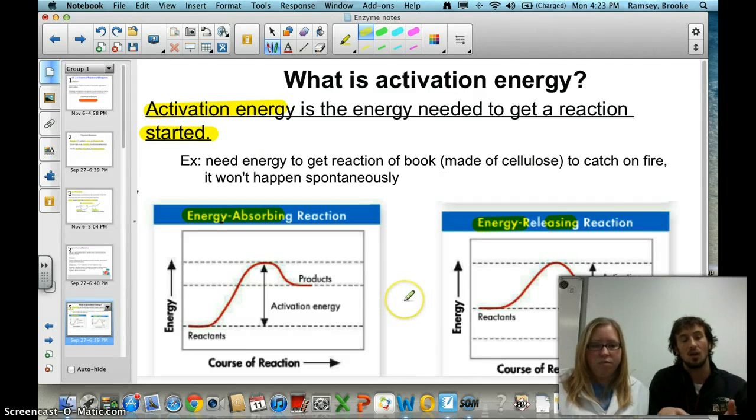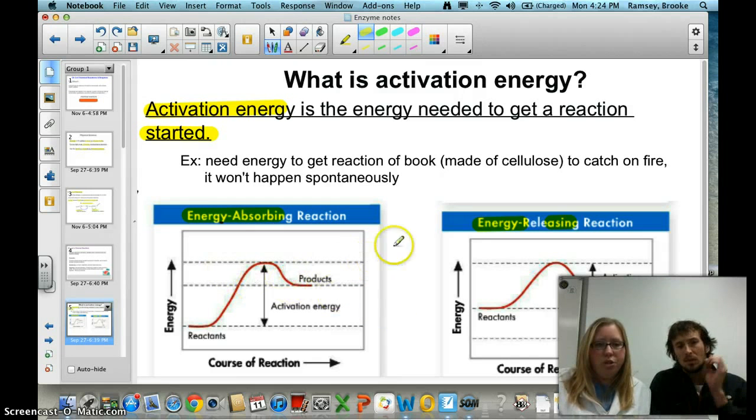You can have all the wood you need, all the paper there, good air movement, and you're not going to have a fire, right? You need to add a little bit of energy in the form of a match. So a match would be like the activation energy. And once it gets going, you've gotten over that hump, so to speak. Now you have combustion, you have that reaction taking place.